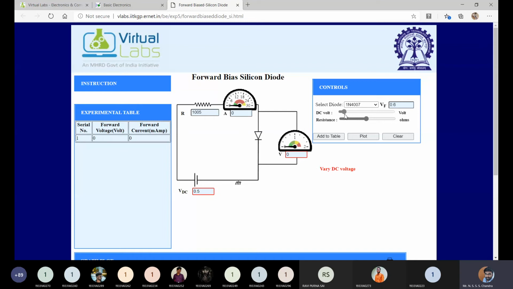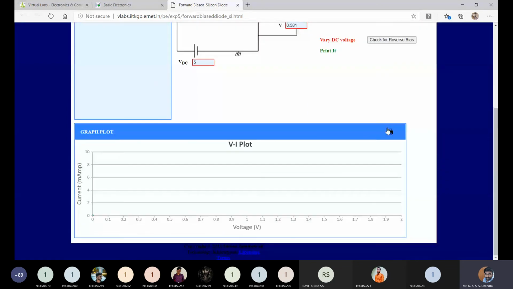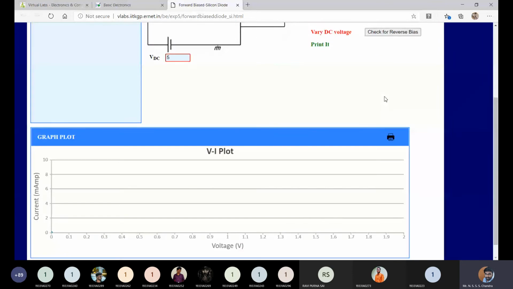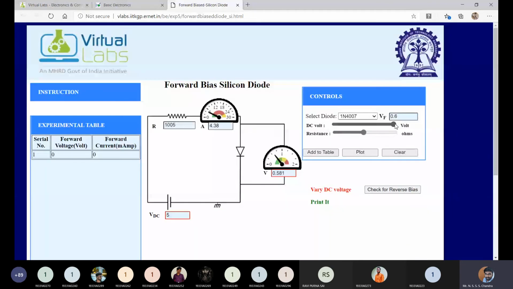I'll keep it as 0.5, let us say. I do not know why it is not adding. Slowly I'm going to change these values. Click on plot. I got only 1 point. I need to add some more values.